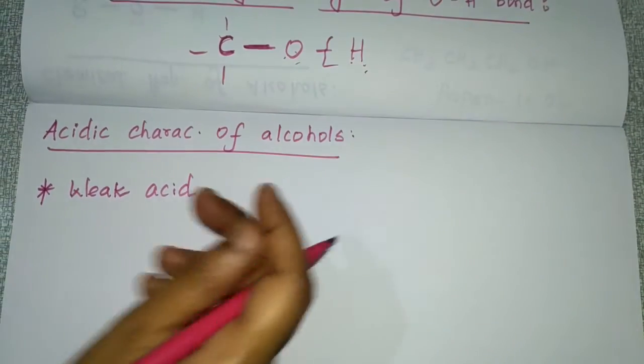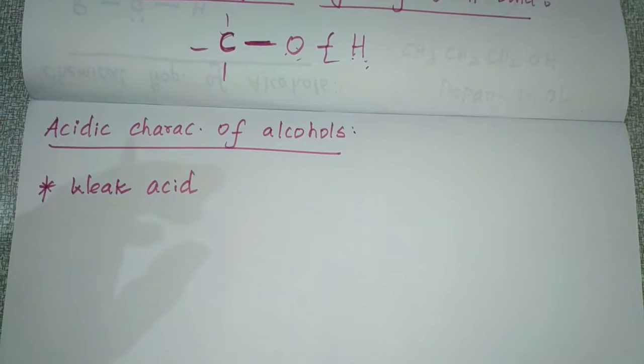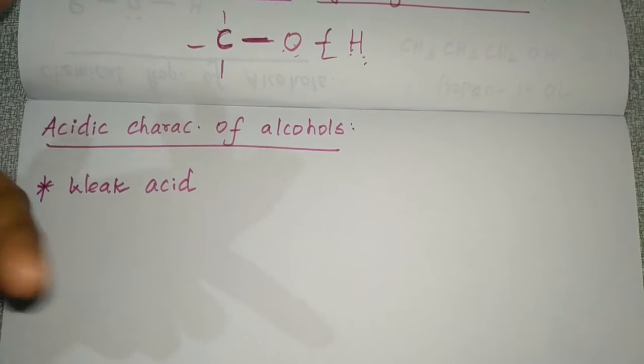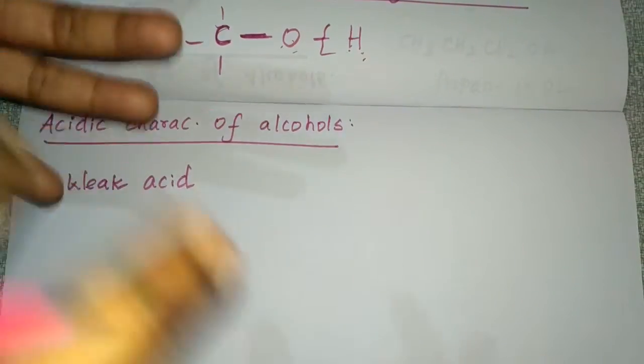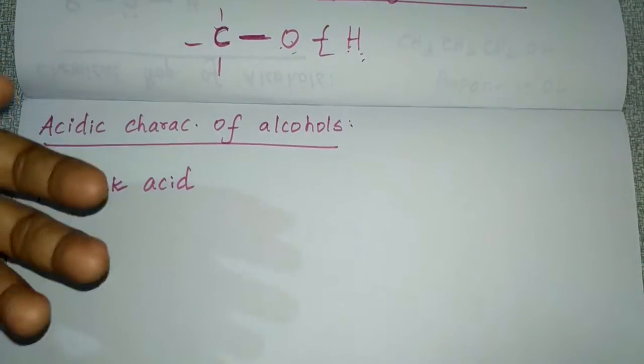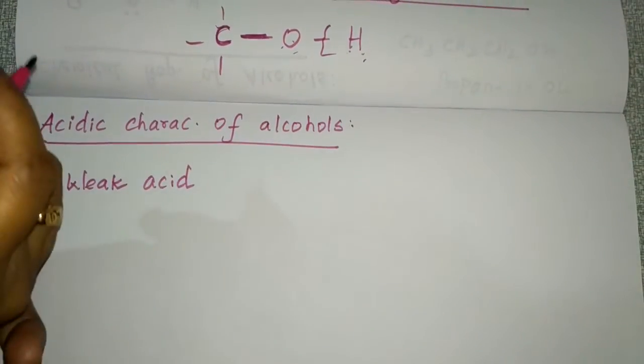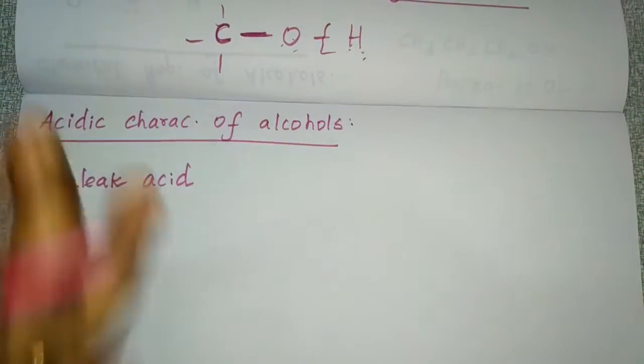You know what a strong acid means and what a weak acid means. What do you mean by weak acid? The ionization will be very less, it will be to a lesser extent. So that is what a weak acid is. Alcohol behaves as a weak acid.